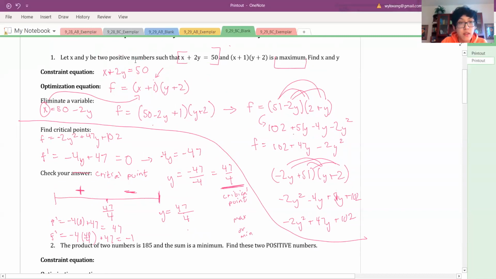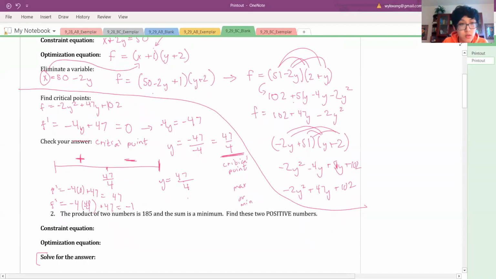So we can just plug in y there to figure out what x is equal to. So x plus 2y is equal to 50. x is equal to 50 minus 2y. So that's equal to 50 minus 2 times 47 over 4.